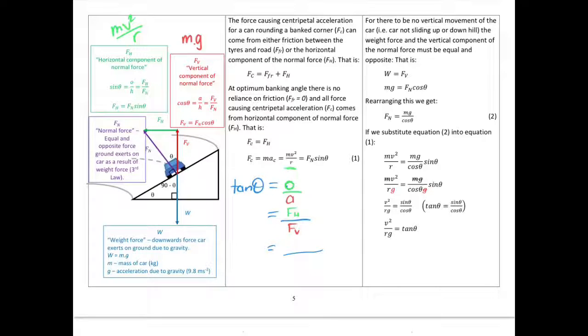And as I've just said, at the optimum banking angle, the horizontal component is equal to mv squared on r, and the vertical component is equal to the weight force, mass times gravity. So if we cancel those m's, we get left with tan theta equals v squared on r times g. So we get the same relationship as over here.